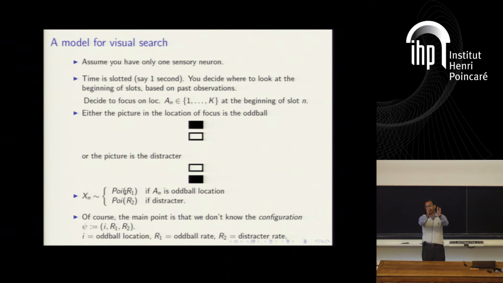When you focus on a particular location, let's say that location contains the oddball, then you drink in the image that's there, and the response is essentially fed to a decision-making entity. That response is now firings, which is a response to this particular stimulus. If you look at a different location, which is not where the oddball is, the response is firings, spikes, and you count the number of spikes, and that's the signal that's sent to the further decision-making center.